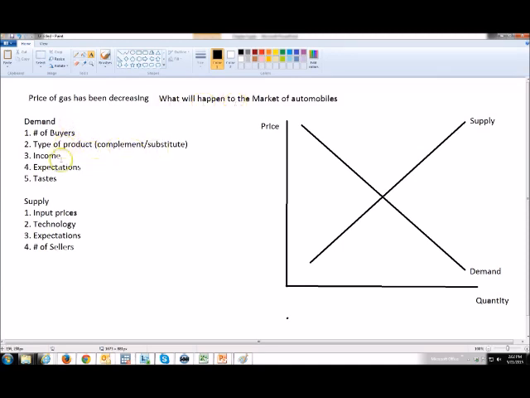If the price of gas falls, does my taste for cars change? Well, not necessarily. If I'm driving a car, I'll still drive a car. There's no change in expectation. What will happen in the future? At least we don't know. We don't have any information about income, so we don't know if that has changed or not. But what we know is that gas and cars are complements.